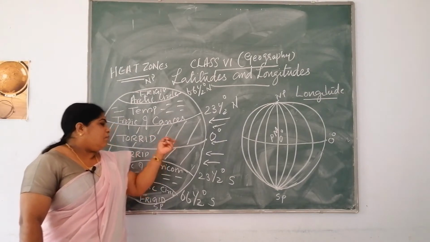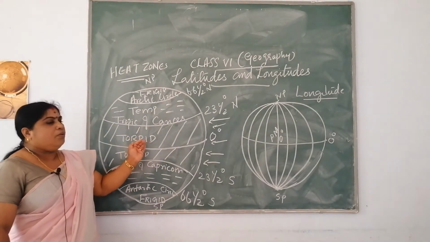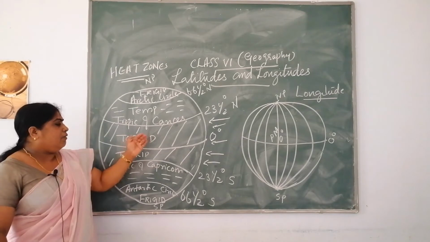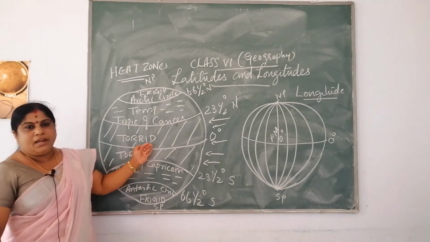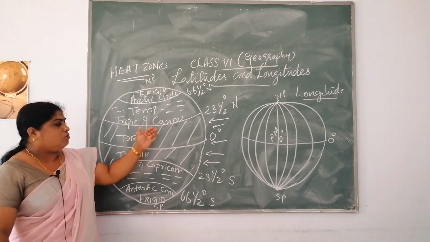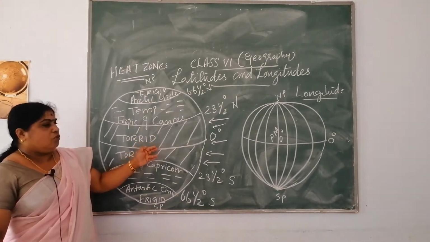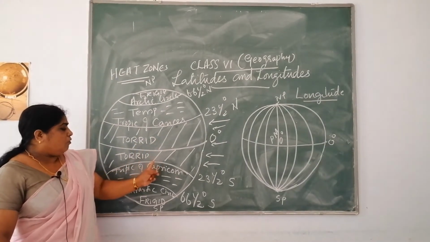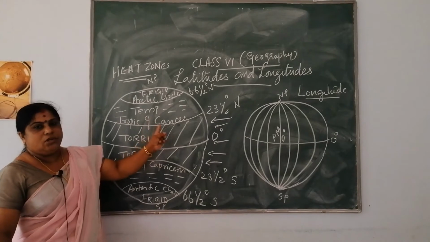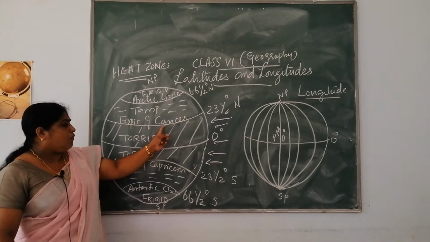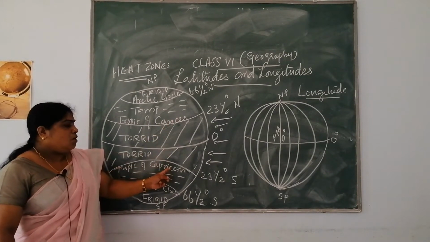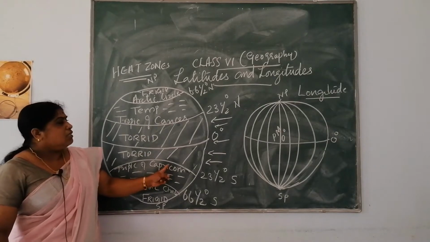The summers are very hot, the winters are very mild, and there is heavy rainfall throughout the year. That's the peculiarity of the torrid zone. It lies between the Tropic of Cancer in the north and the Tropic of Capricorn in the south.